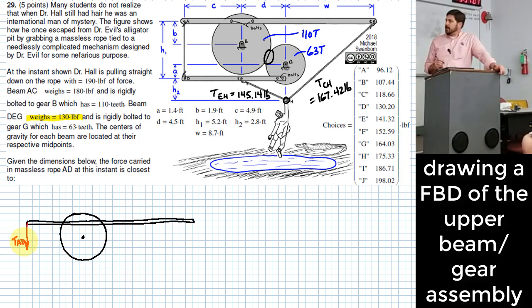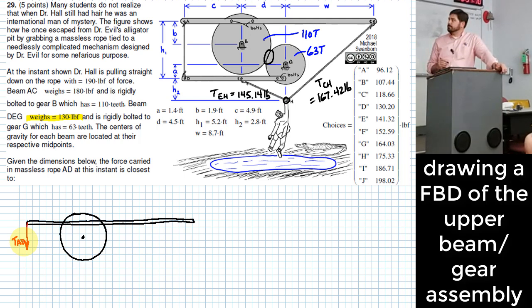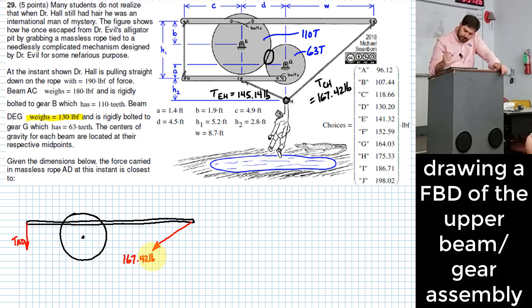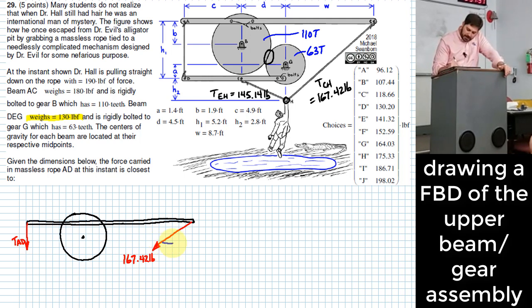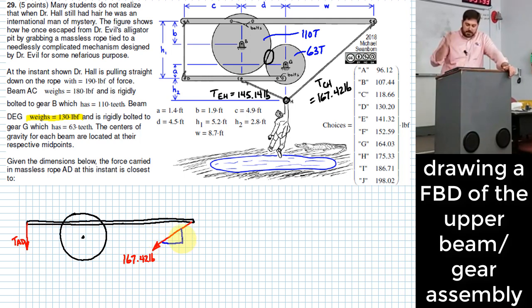What else should I put on here as another force? Tension in CH. That value was 167.42 pounds. And while I'm here, I'll indicate that the direction of this is also known.